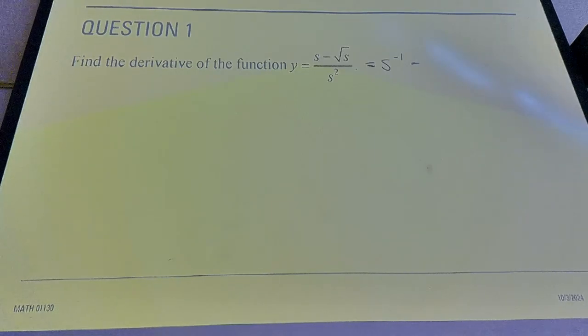Minus what? Square root of s over s squared. Which is what? That's the negative 4. Not negative 4. Negative a half. Negative 3 halves.